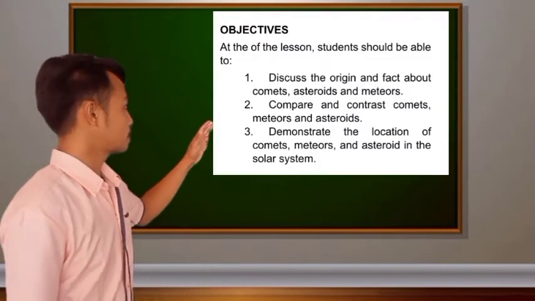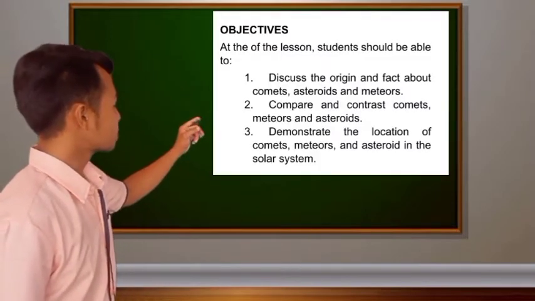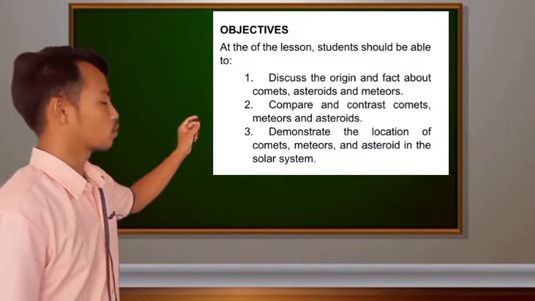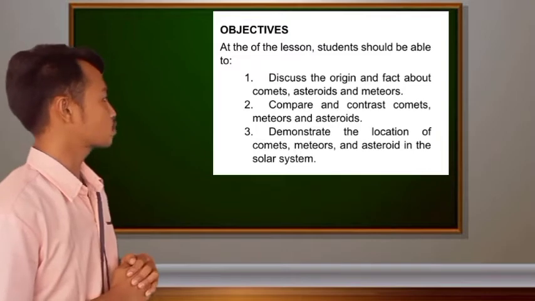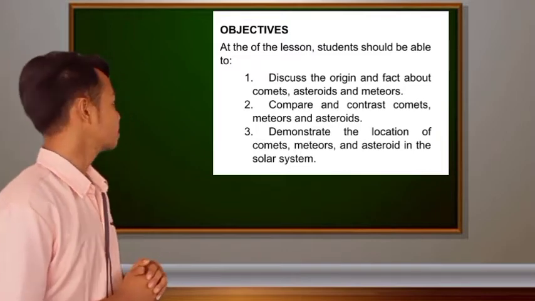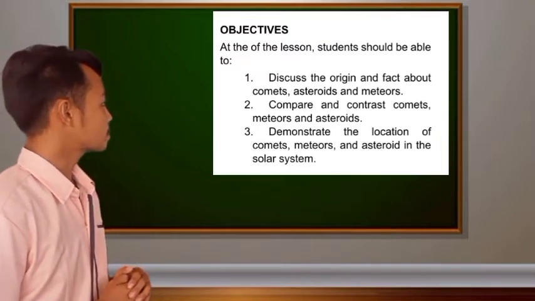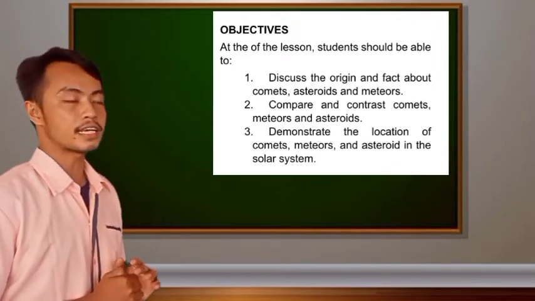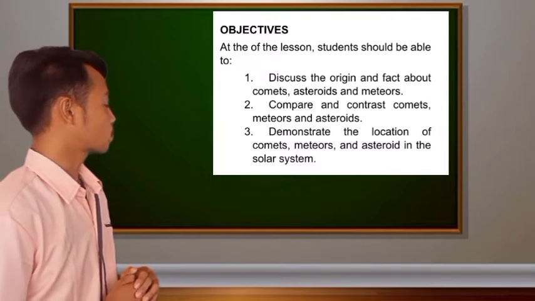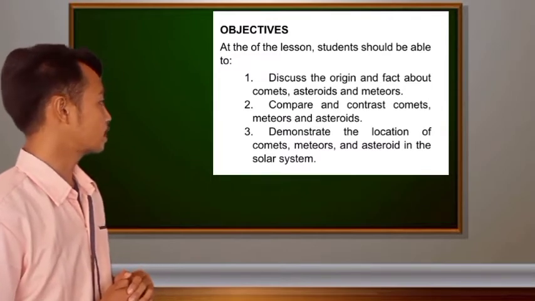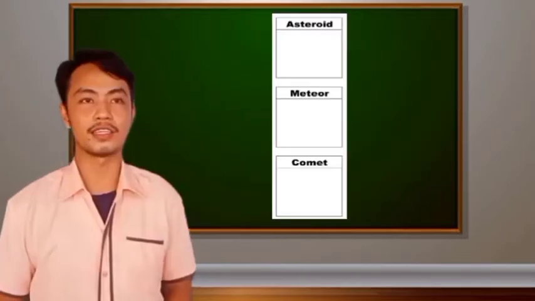At the end of the lesson, students should be able to: first, discuss the origin and facts about meteors, comets, and asteroids; second, compare and contrast comets, meteors, and asteroids; and third, demonstrate the location of comets, meteors, and asteroids in the solar system.